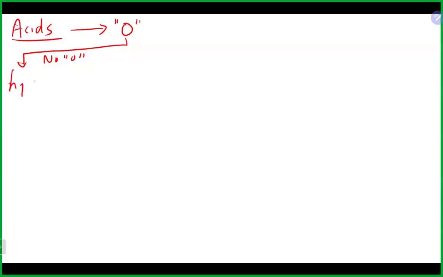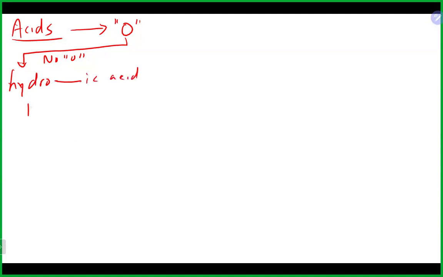When we talk about acids, just a quick nomenclature thing. When we name acids, whether or not there is oxygen is really the main thing that we look at. If the answer is no oxygen, the acid will start with hydro-, something -ic acid.